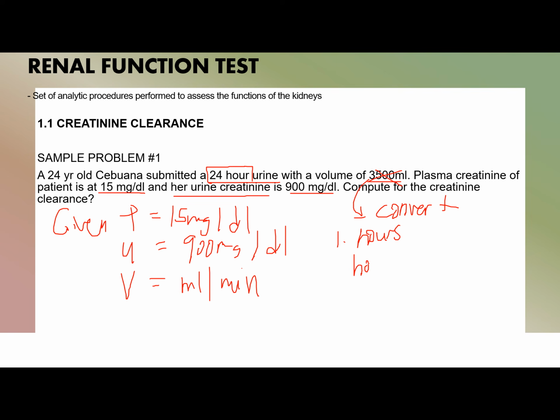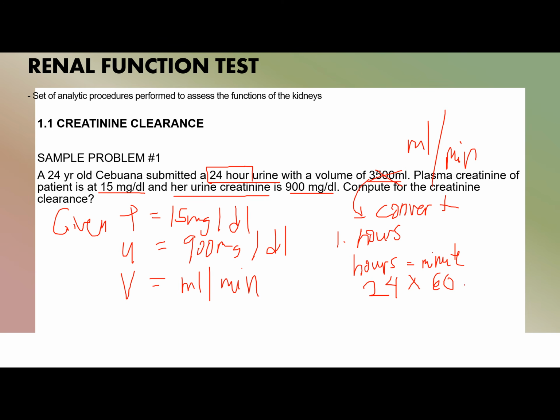If you convert the hour to minutes, you may be questioning, Sir, bakit mo i-convert sa minute? Kasi nga, di ba, ang urine volume mo, gusto mo siya na nasa ml per minute. So, you want to convert the 24 hours into minutes. So, 24 hours times 60. Bakit 60?